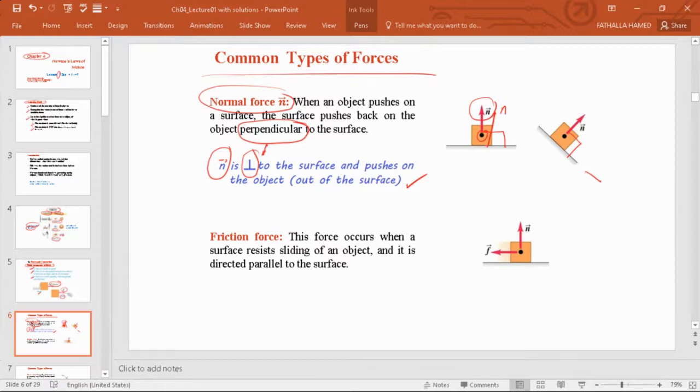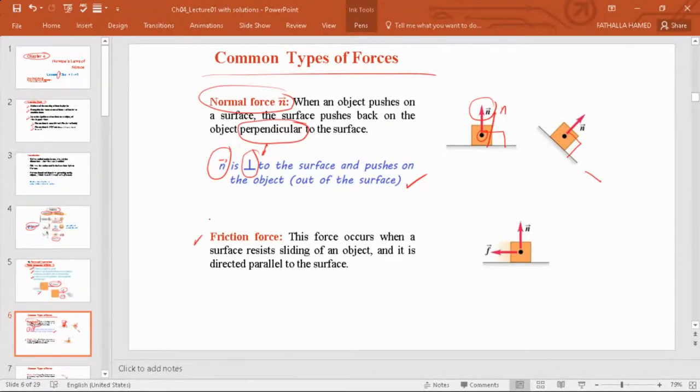So it comes from the surface. But when we look at an object, the effect of the object always moving around the center of mass. So if you have a block like this, the center of the mass here in the middle, and that's why we drew the normal force from the center of the mass. The same situation here.